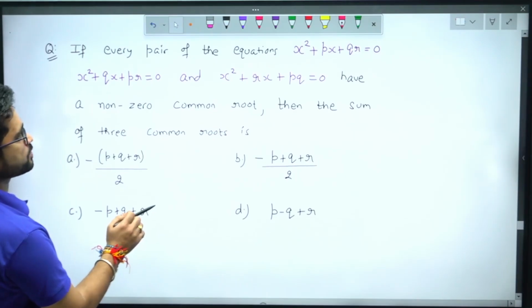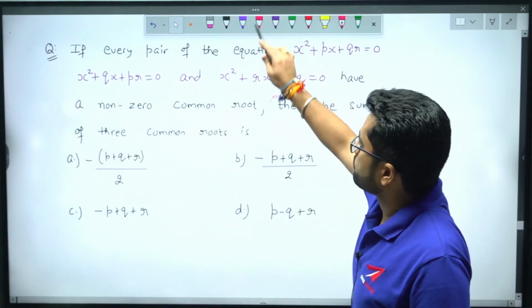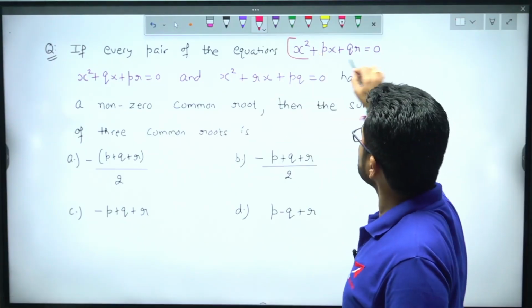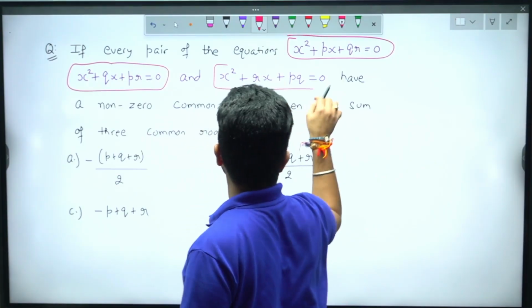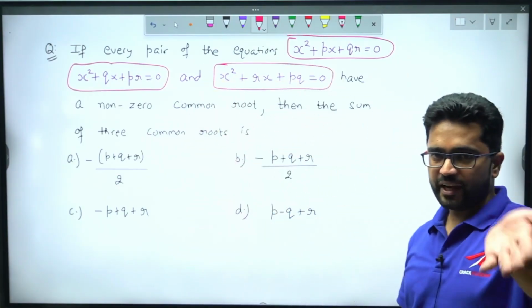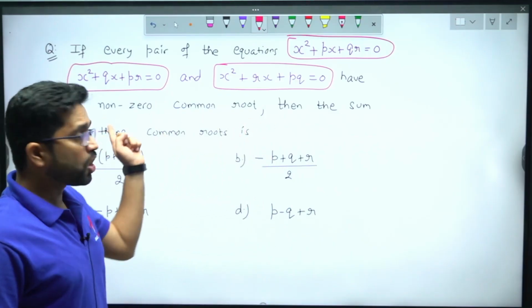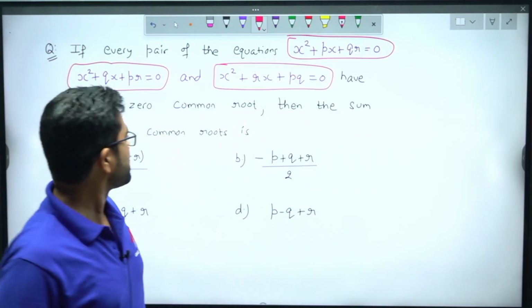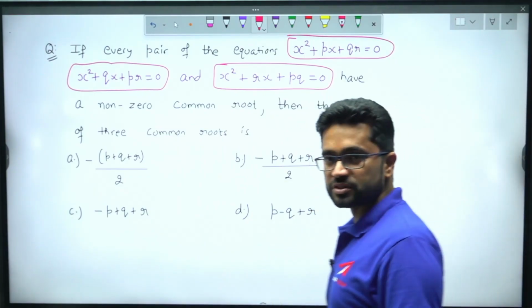Okay, let's look at this one. This is also very easy. Now this time we have three equations. First, second and third. Please observe. If every pair of the equations have a non-zero common root, then the sum of the three common roots is.